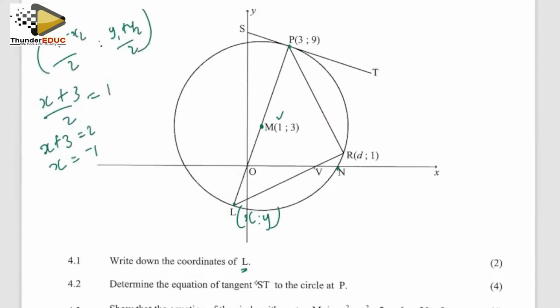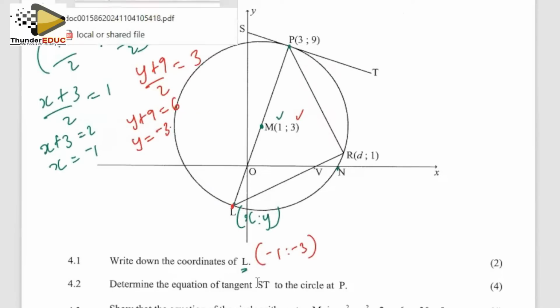I'll do the same with the y and say that if I have y plus 9 divided by 2, I must get a 3. Cross multiply, y plus 9 is going to give me a 6, which means y is -3. So coordinates of L are -1 and -3. So it's in the third quadrant. Then 4.2, they want us to get the equation of the tangent, ST.